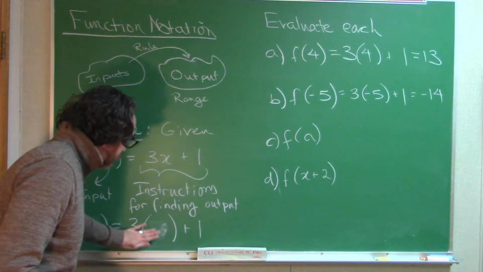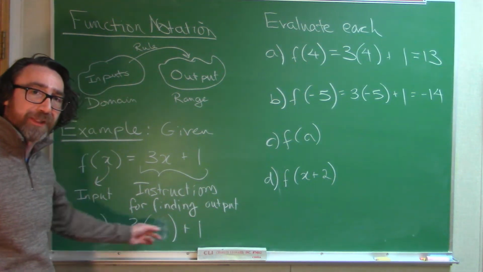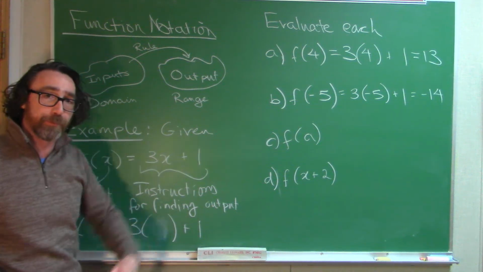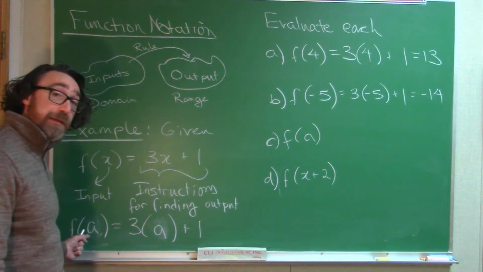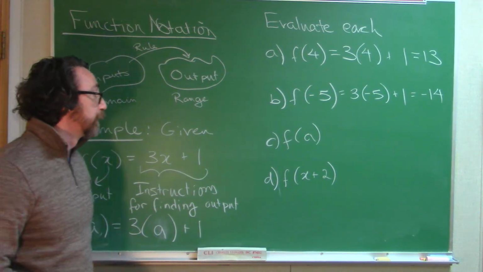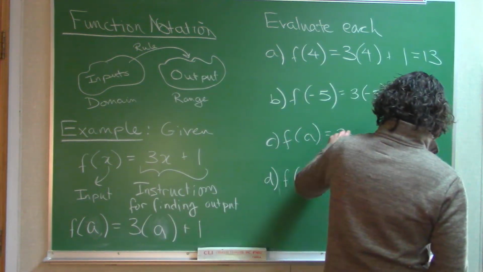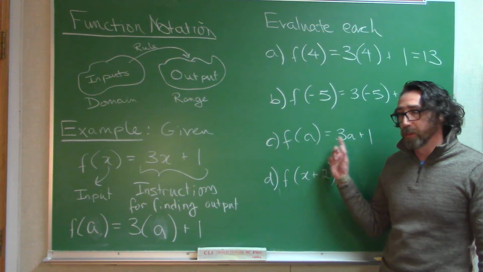The scheme of using blanks actually comes in really handy when we start working with variables. If I put an a on the left, I put an a over on the right in the blanks. So f of a is 3a plus 1. And that's really all I can do with this.